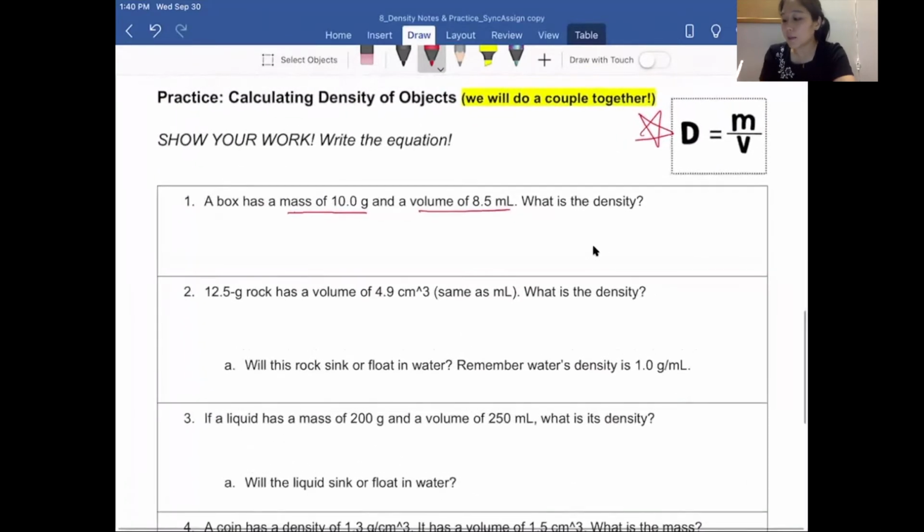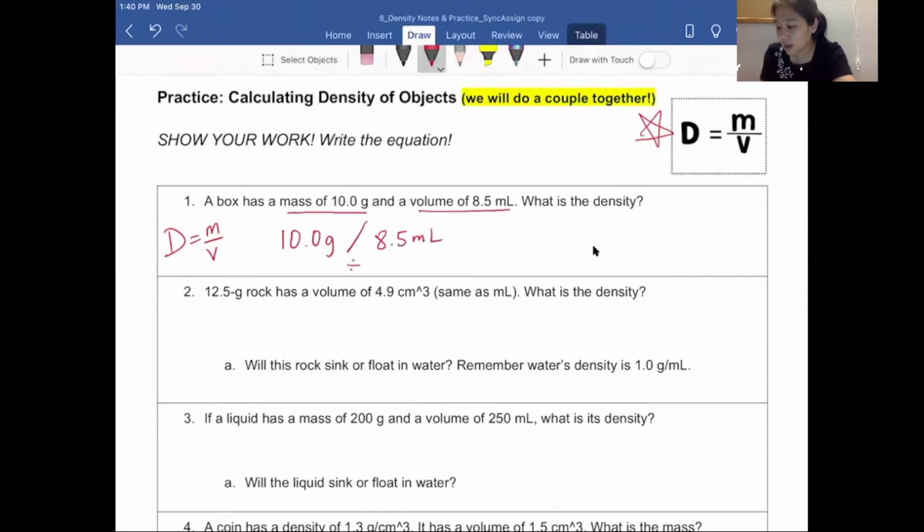So I'm gonna have my density equation next to my problem, and we know that the mass is 10.0 grams over the volume is 8.5 milliliters. So I'm writing it like this.